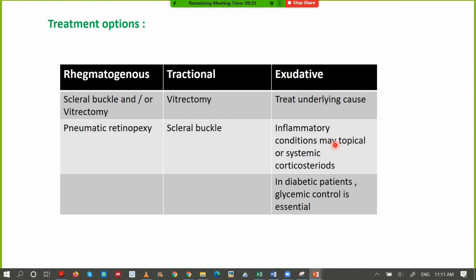Rhegmatogenous retinal detachments, we have to go with scleral buckling or vitrectomy. I think I have shown you the image of how a scleral buckling is done in part 4 or 5 of diabetic retinopathy, so you can check how a scleral buckling or a vitrectomy is done.